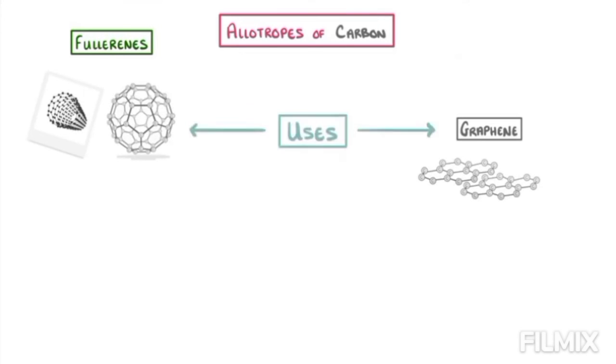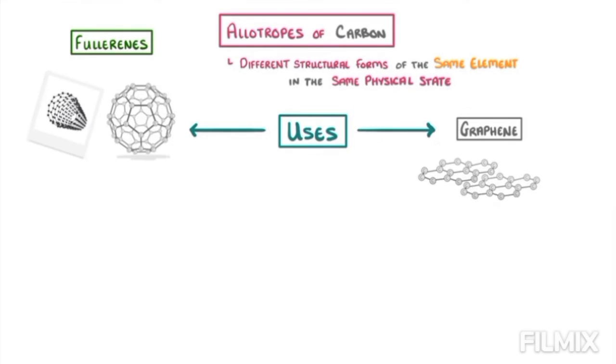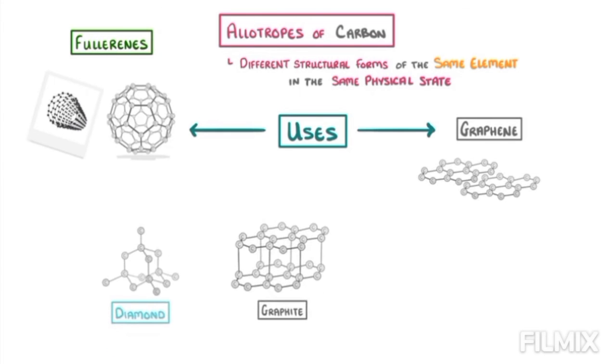Now we can look at fullerenes and graphene. Allotropes are different structural forms of the same element in the same physical state. In graphite there are various layers, and each layer is known as graphene.